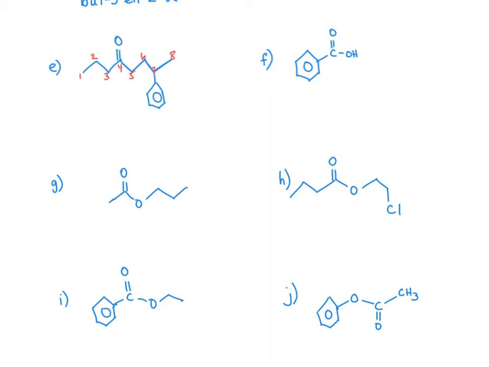So I will number 1, 2, 3. Yeah, it would have been 5 from the right, so it's 4 from the left. So I can see the phenyl off of 7, right? So we'll have 7-phenyl, and then we go into our oct-, right? Drop the E, 4-one, and there's our suffix for the ketone family.